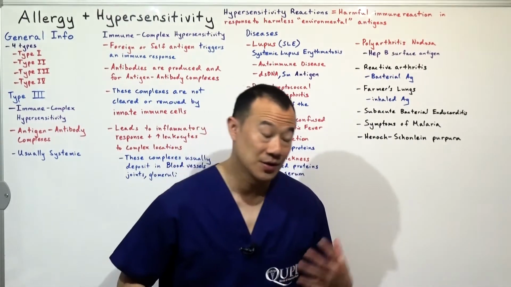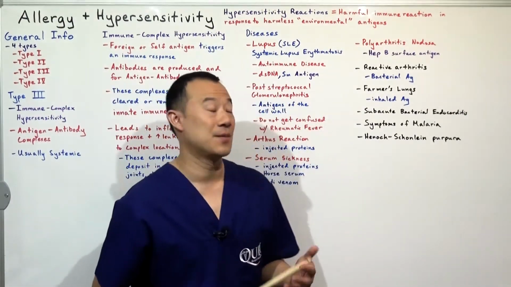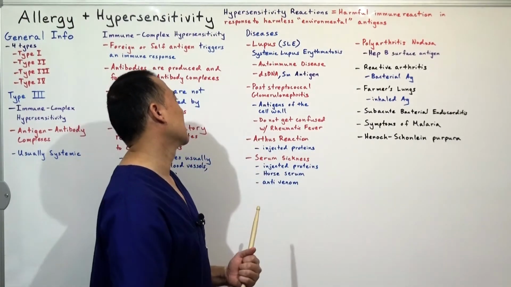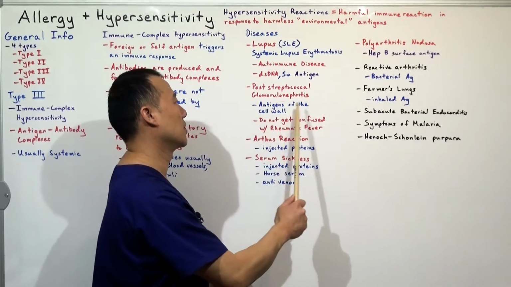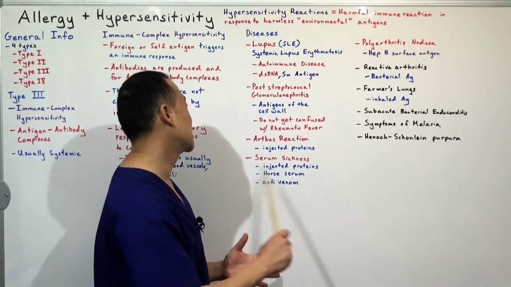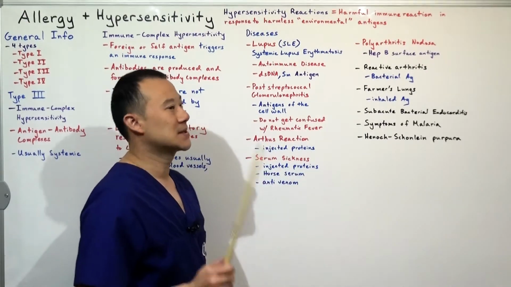And know the diseases. Know the diseases that the type 3 hypersensitivities are associated with, especially post-streptococcal glomerulonephritis. I've seen that on the board exams. I've seen serum sickness on the board exams, and I've seen lupus.